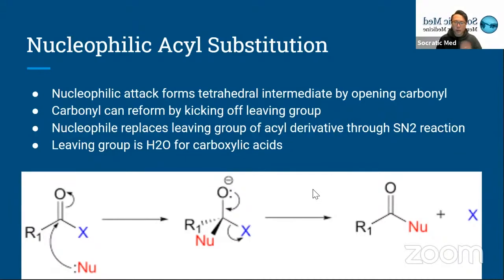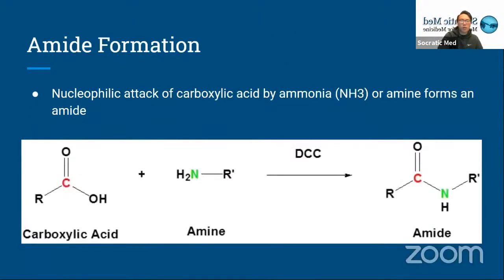But then you reform the carbonyl by resonating down the lone pair and kicking off the leaving group, which in the case of carboxylic acids is a water molecule. So that's the general mechanism of nucleophilic acyl substitution.